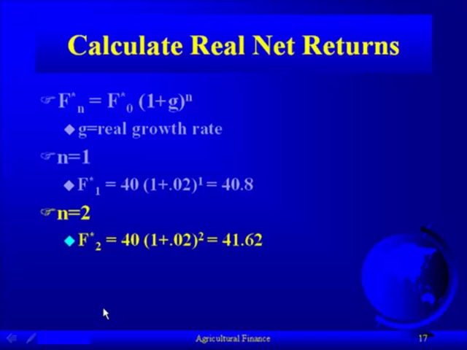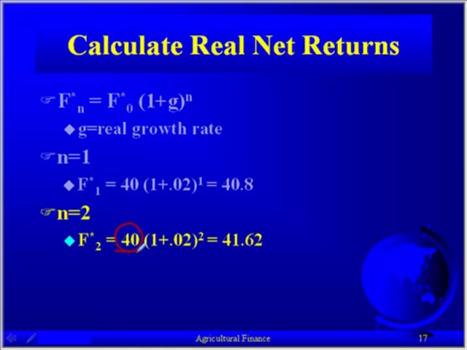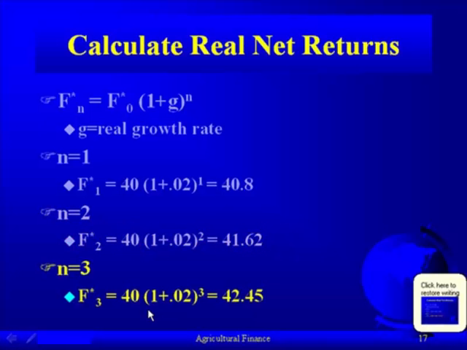For the second period, we're taking the real value today, we're compounding at 2% to accommodate for the real growth, again for 2 periods, and it comes out to $41.62. And in the third year, we do the same, only in this case it's compounded for 3 periods, for $42.45.